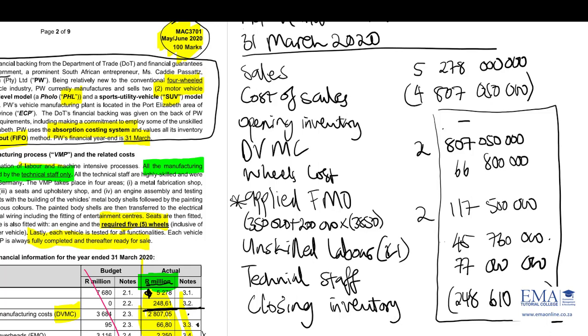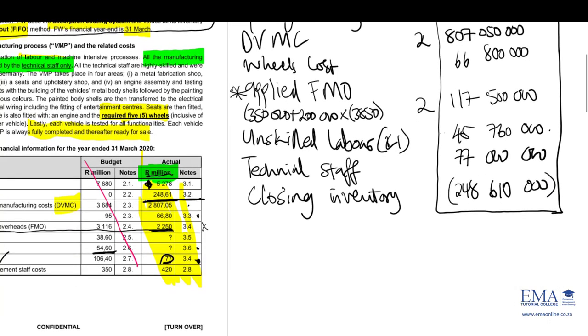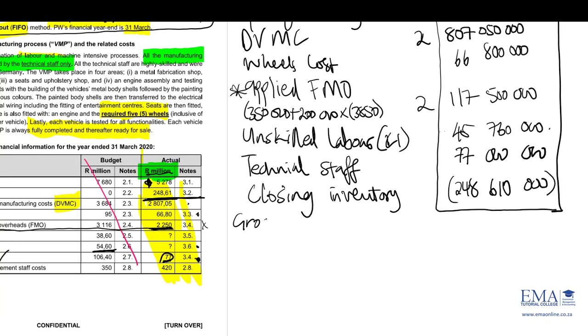Now sales less cost of sales, sales minus cost of sales, I'm going to get gross profit. Okay, how much is my gross profit there? Sales less cost of sales, I'm going to get 412. Okay, so that's my gross profit.